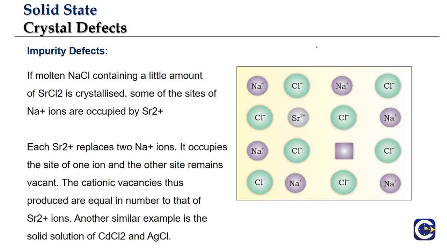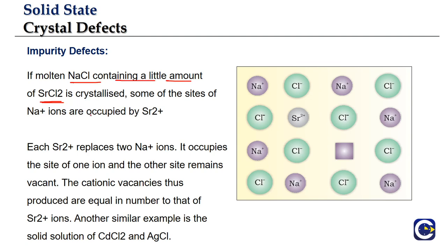Now we covered the stoichiometric defects. The second subcategory is what? Impurity defects. Here we will not have many classifications. So impurity defect is basically if we have any substance, like say for example molten sodium chloride, and we are crystallizing it with some small amount of strontium chloride.